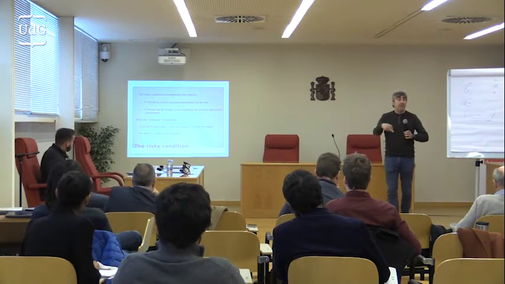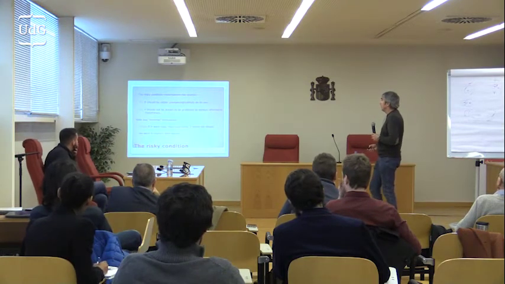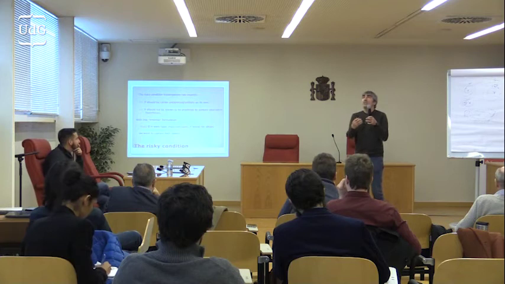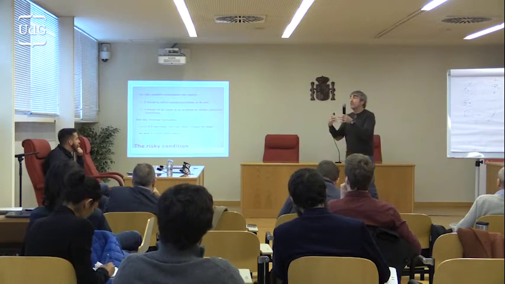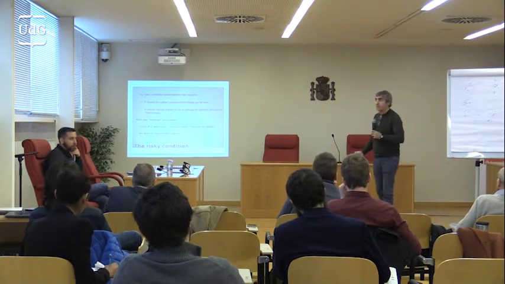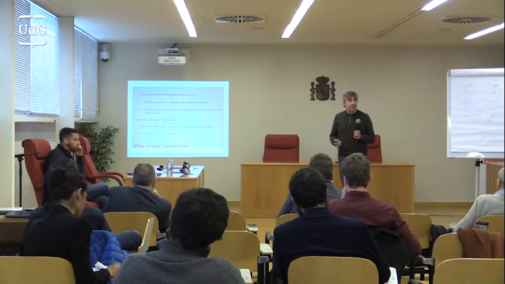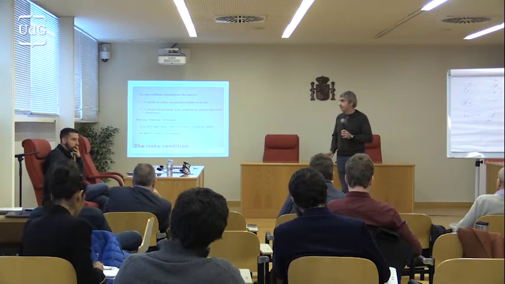Okay? Given the context, these two things hold. The only reason in that context to expect that the prediction obtains is our hypothesis. This is what the risky condition tells. And then the question is, what's the logical form of this condition?